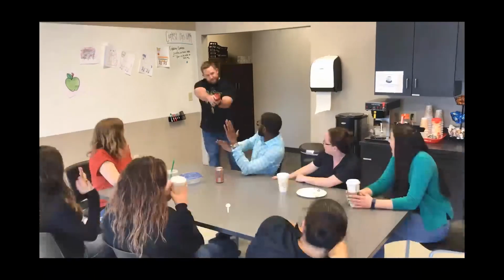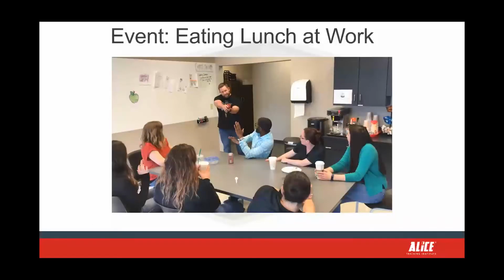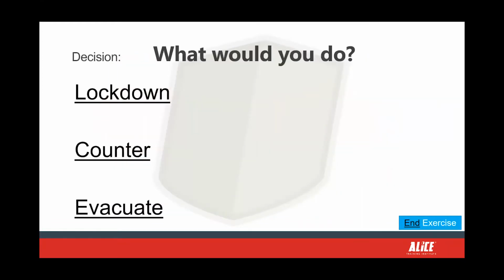Here we have eating at lunch at work, and we have a stimulus. After the stimulus, it's what would you do? Now we have the decision slide. We have to decide what we want to do. So what I'd like to do is have a response, and you guys decide where we want to go.